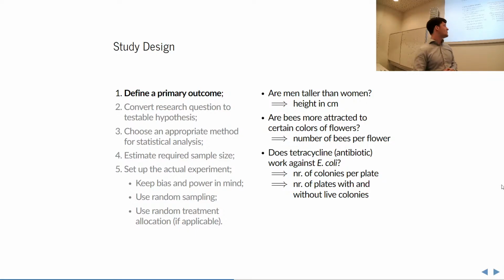So in that case, you should probably have multiple plates and see what proportion of the plates did not grow colonies. But if it's a milder antibiotic and E. coli can still grow but very limited, then you could count the number of colonies per plate and have plates with and plates without tetracycline. So that's the primary outcome.